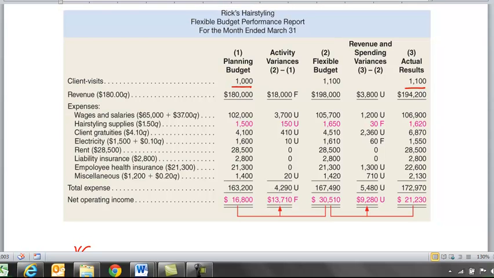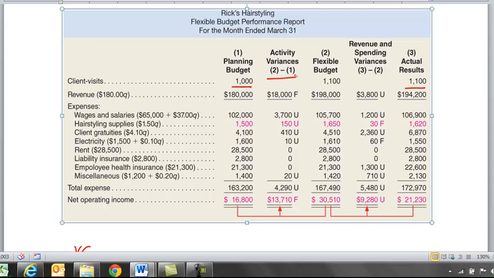So the first variance here is what we call activity variances, meaning how do I compare in my level of activity? Well, we compare that with the flexible budget. So activity variance is the difference. You can see here it's column 2 minus column 1. Column 2 being flexible budget, column 1 being the static planning budget. It's a difference between those two.